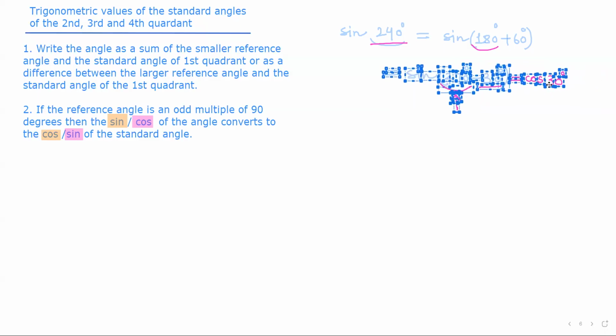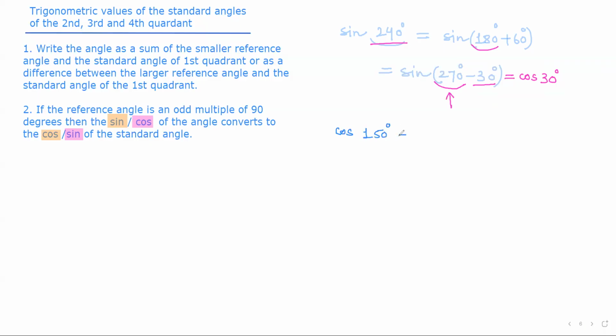I'll show you one more example. Don't worry. Let's write it. The next example is cos of 150 degrees. This angle belongs to the second quadrant. So the reference angles of the second quadrant are 90 and 180. I can show this angle as 90 plus 60 degrees.